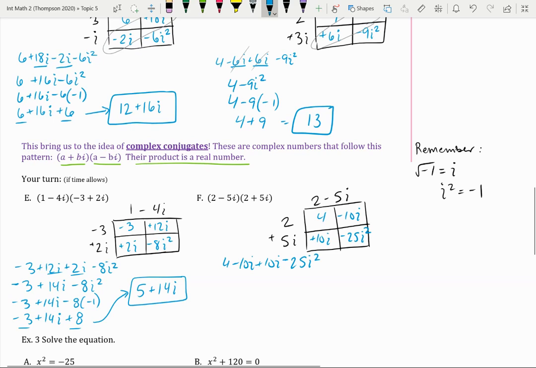All right, when I multiply it out before I start simplifying, I have 4 minus 10i plus 10i minus 25i squared.